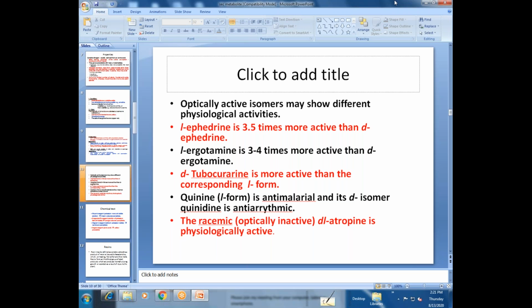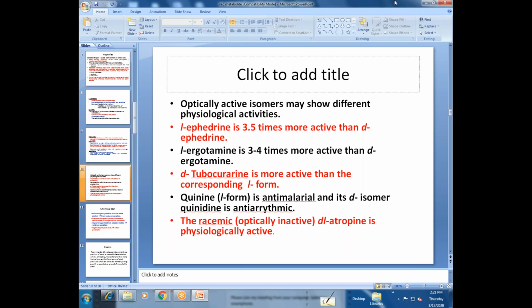So you should never get confused between quinine and quinidine. Instead of quinidine, if you give quinine, it acts as an antimalarial. Where you have to give an antiarrhythmic drug, when arrhythmia is occurring and the heart rate is too high, you have to give quinidine. If you give quinine, probably the patient will collapse there itself.